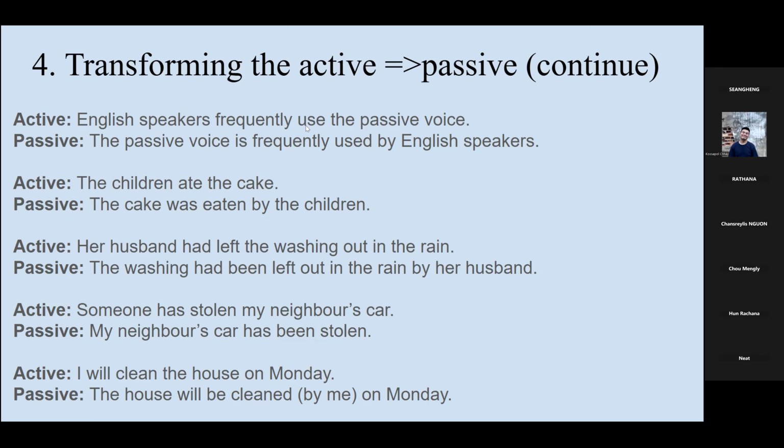So we change to is used: be plus past participle. It's frequently used by English speakers. English speakers here comes from the subject in the active sentence.